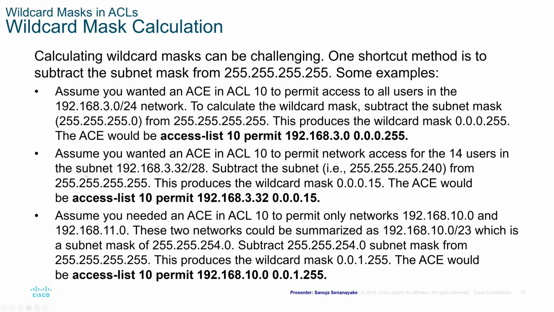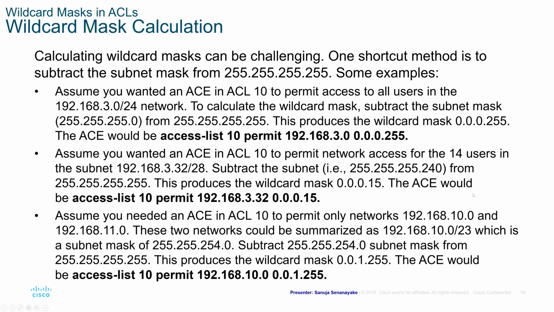Here's another example. Assume you want an ACE in ACL 10 to permit network addresses for the 14 users in the subnet 192.168.3.32/28. So what are you going to do? You're going to subtract the subnet mask, which is 255.255.255.240, from 255.255.255.255. That will result in a wildcard mask of 0.0.0.15.